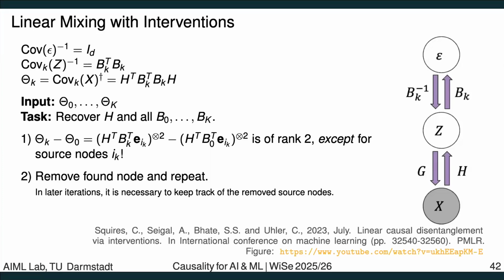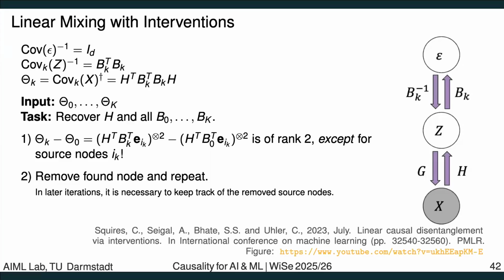And then what we need to do is, once we have observed all those source nodes, we remove them from our observation, and this is where it actually becomes tricky, because then we remove them and do the search again. But in this new search, we need to project the remaining system onto the orthogonal space without the removed nodes, which is a bit involved, and we won't do it here.